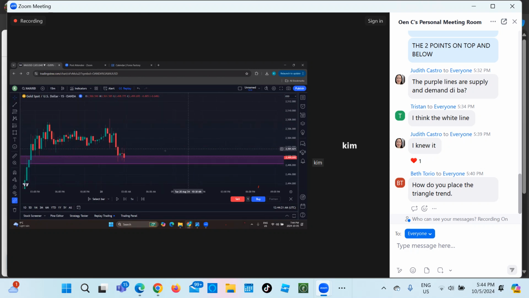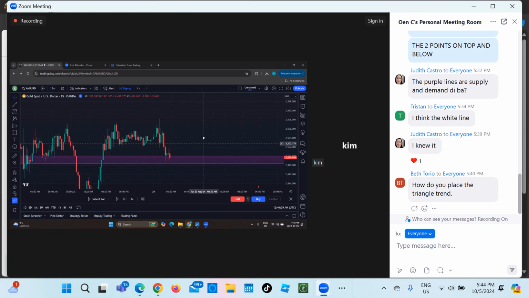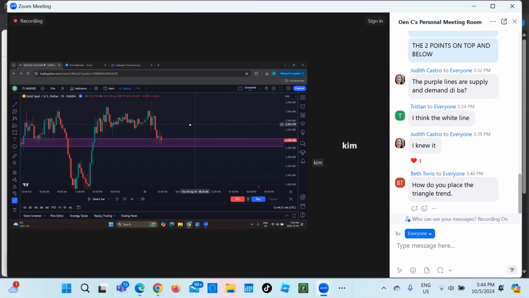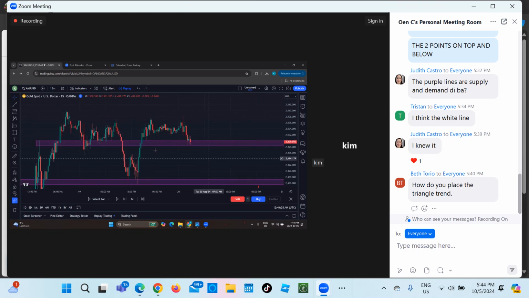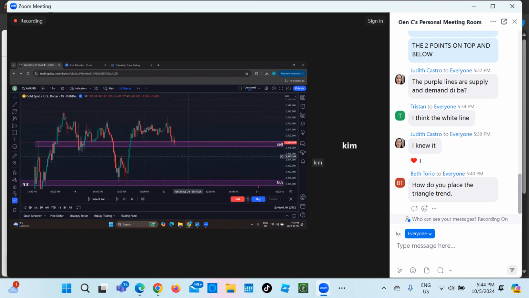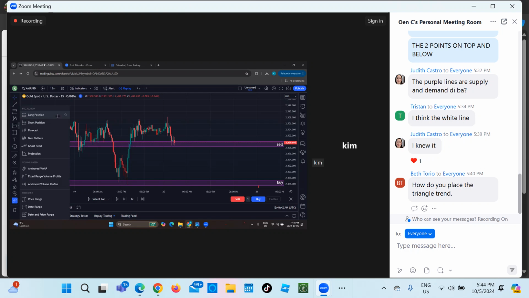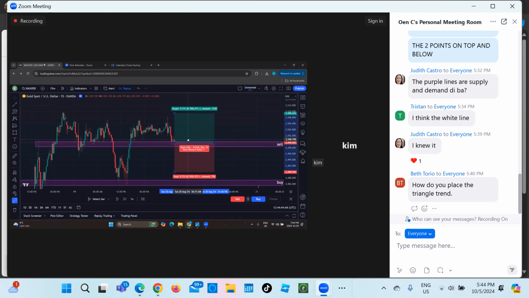I will go look for the candle na humina na yung kanyang selling pressure at magbabay siya. I would say this is buy. I would place my long position around this area.